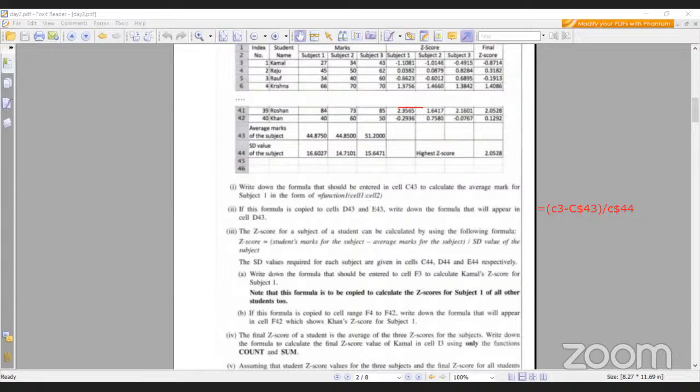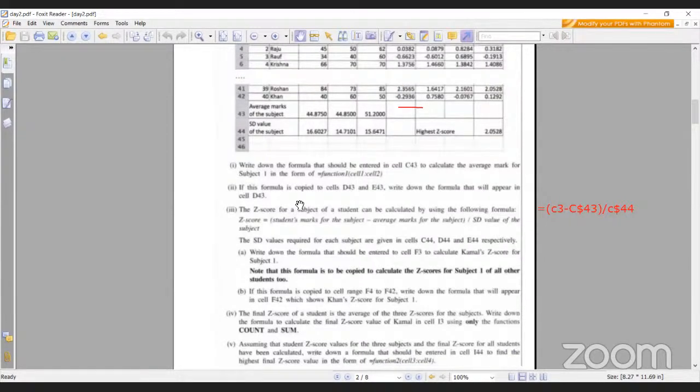That is not changing. Again, divide by C$44. It is not changing. The only changing thing is C42. Very easy. It seems a bit confusing and complex, but it is easy because they have given the formula. You have to assign them all.